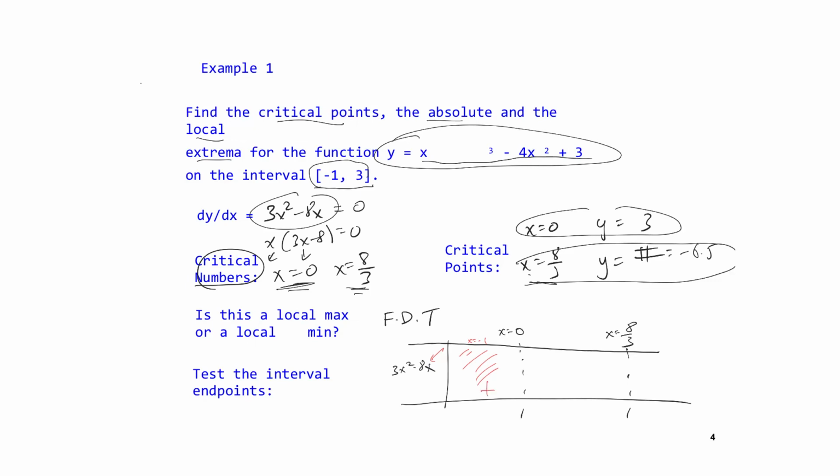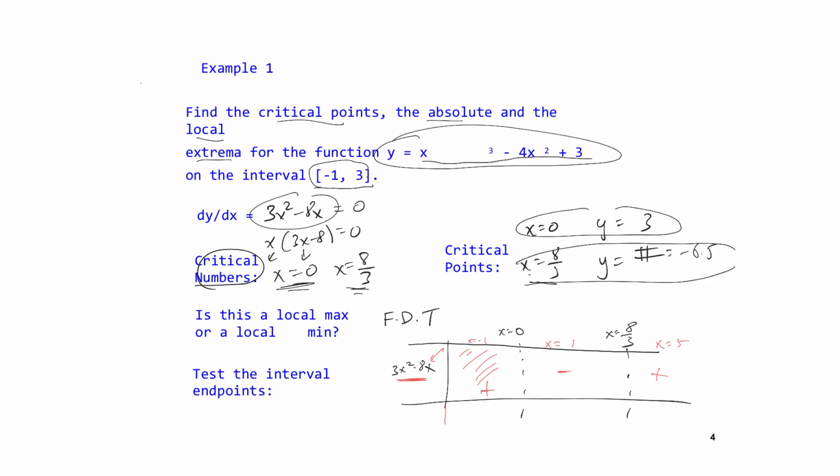Between x = 0 and x = 8/3, I'll choose 1. If I substitute 1 into here, I'm going to get a negative number. And over here, I'm going to substitute, for example, 5 into the first derivative, and the slope is going to be positive.